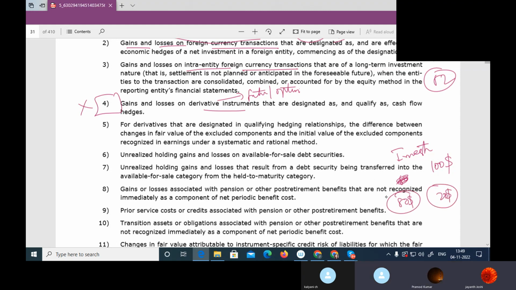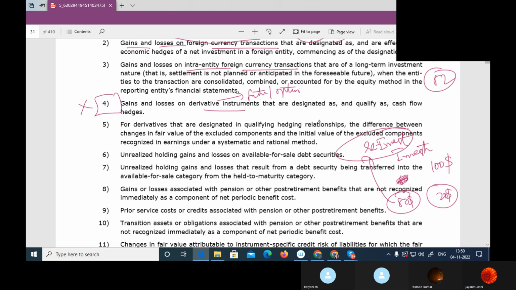Whatever the company has retained, what will it do? Reinvest. Correct? So wherever the company has reinvested, whose money is the company reinvesting? Shareholders' money. That reinvestment, whatever the company has done in some stocks or some asset, its value is changing. So that has to be accounted or not? Please tell me. So that can be accounted in the OCI section, because in the balance sheet you are showing the market value of that, the increased or exact value of that.